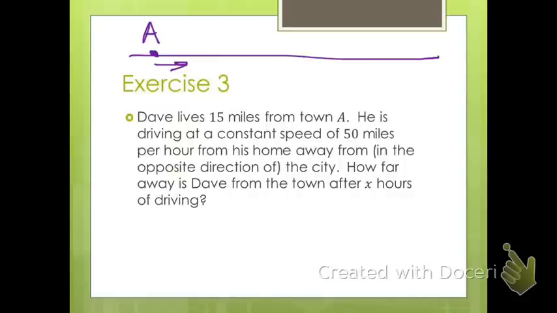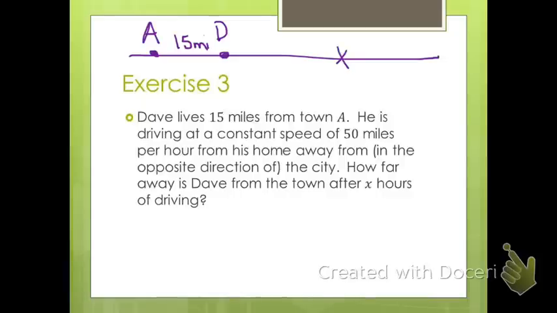Okay, and so he lives 15 miles from town A. So let's say this is D for where Dave lives. Okay, and this is 15 miles. So that's where he lives, and he's traveling 50 miles per hour away from the city. So we could say he's out here somewhere.